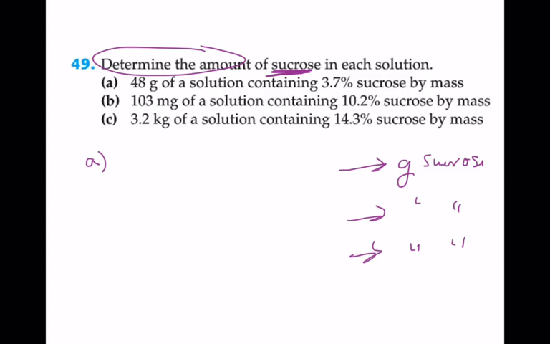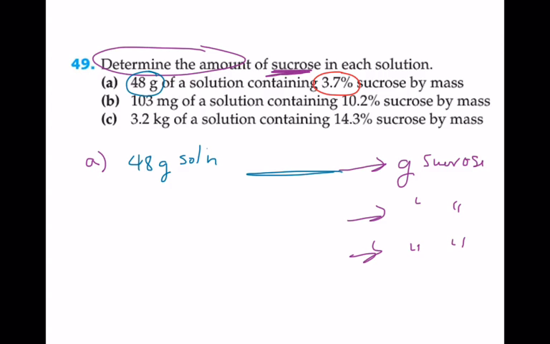So for instance, they'll have a very similar pattern. For the first one, I would start with 48 grams of solution, SOL'N, and the thing that's different for each of them, it looks like, is the solution concentration. So for this one, 3.7%, I'll do the flattened out version.